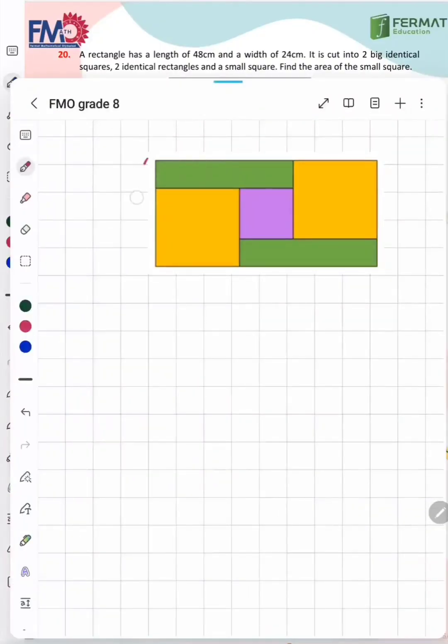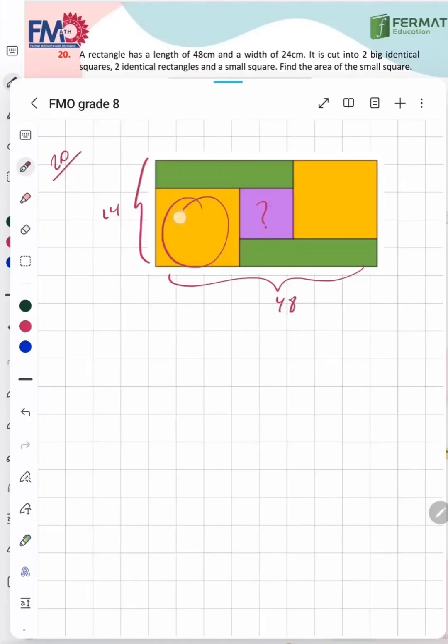So we are given a 24 by 48 rectangle. We need to find the area of this purple square. We know that the yellow ones are also squares. So let's denote the side of the square as x.